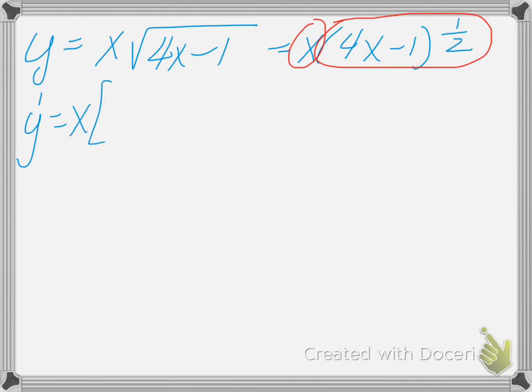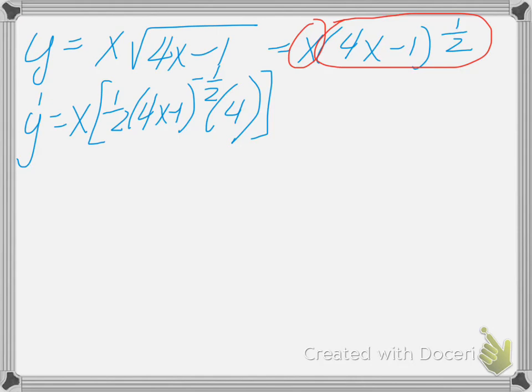That's going to require a chain rule. Bring down the 1/2, keep the inside. 1/2 minus 2/2 is -1/2 times the derivative of the inside. So it's the first times the derivative of the second plus the second times the derivative of the first, which is just 1. You could write that or not write that, it doesn't matter.